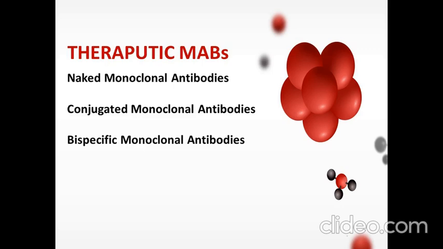Secondly, conjugated monoclonal antibodies. Monoclonal antibodies joined to a chemotherapy drug or to a radioactive particle are called conjugated monoclonal antibodies. These monoclonal antibodies are used as a homing device to take one of these substances directly to the cancerous cells.